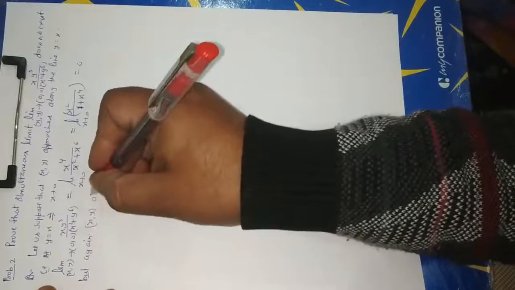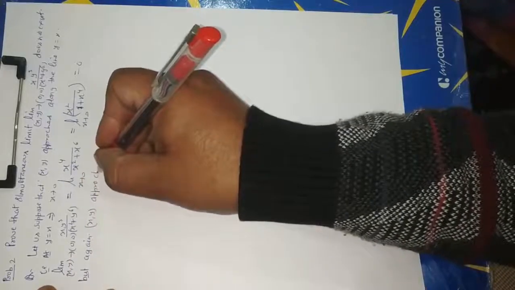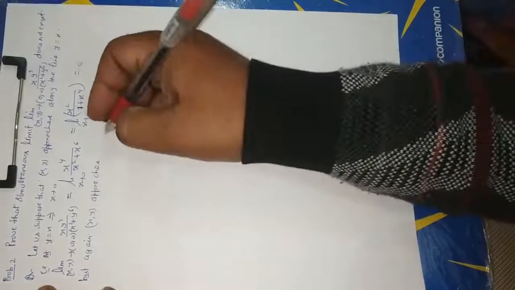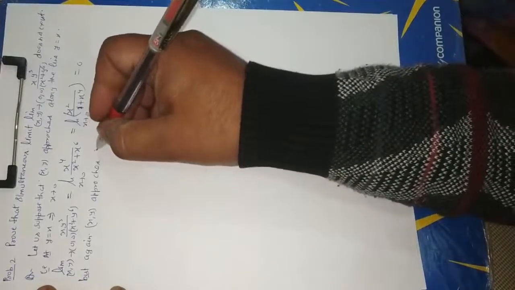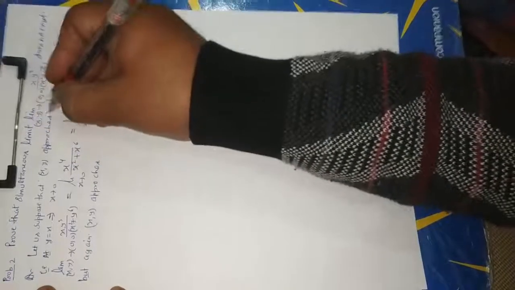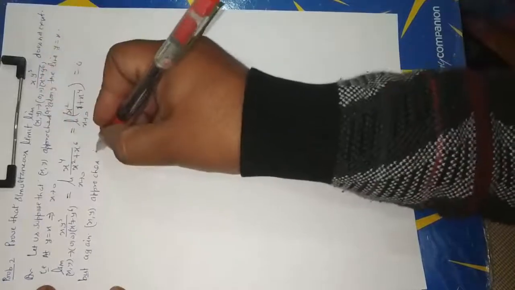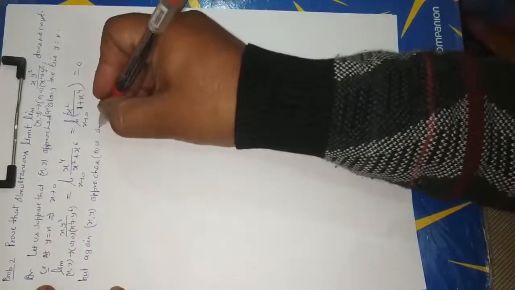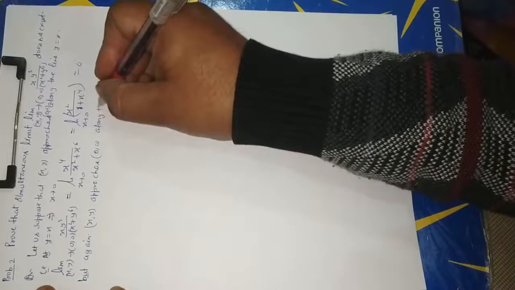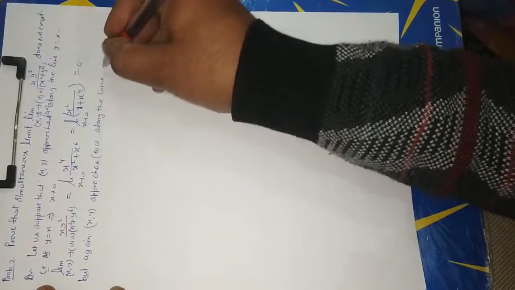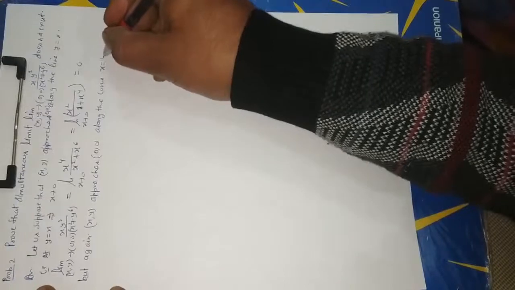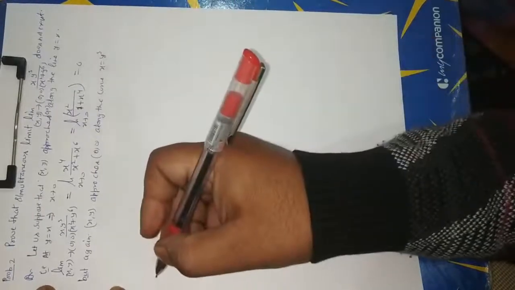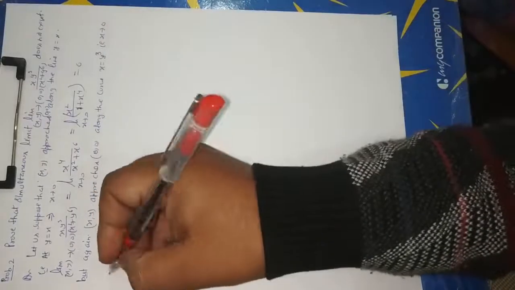But again, (x, y) approaches (0, 0) along the curve x is equal to y³. That is, x tending to 0.